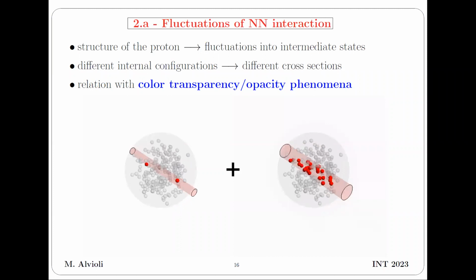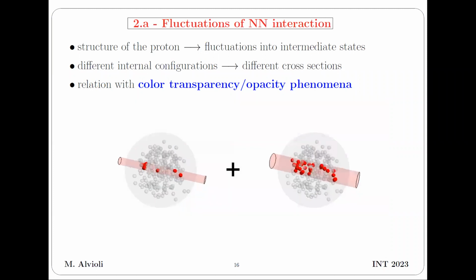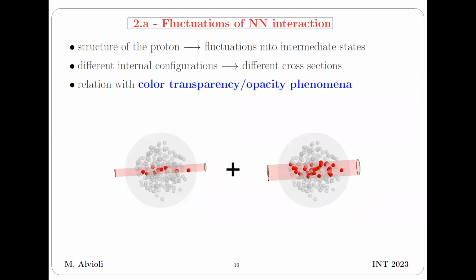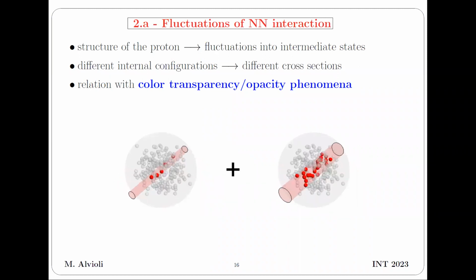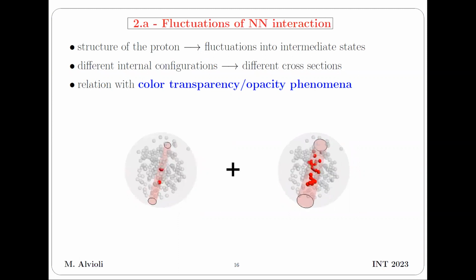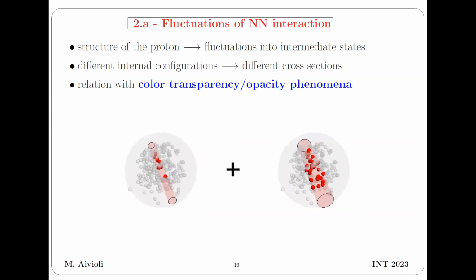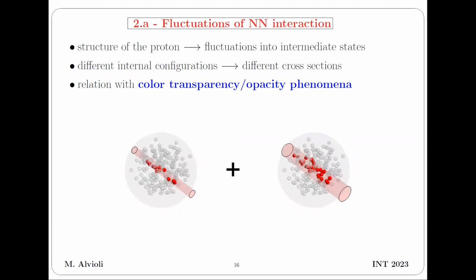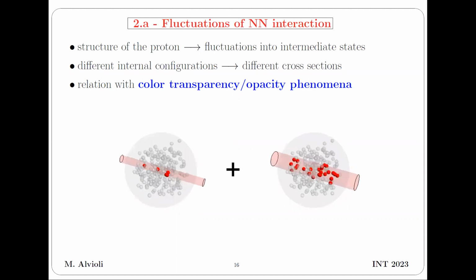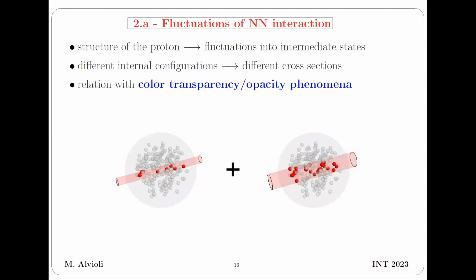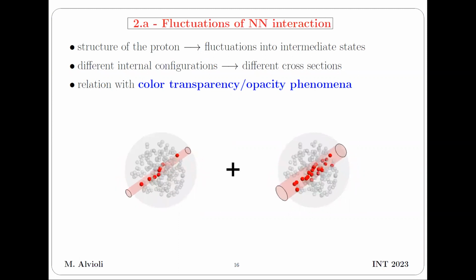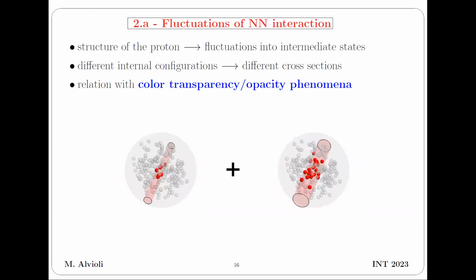I don't think so. First of all, what I'm describing in this figure is that the cross section is changing, which means that for each collision between the proton and one of the nucleons in the target, that's the cross section that is changing.